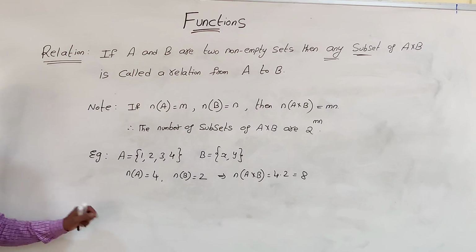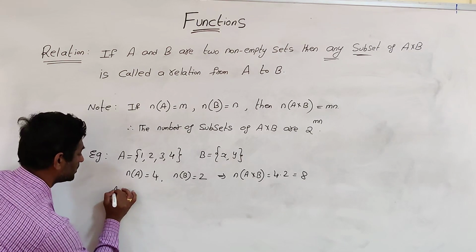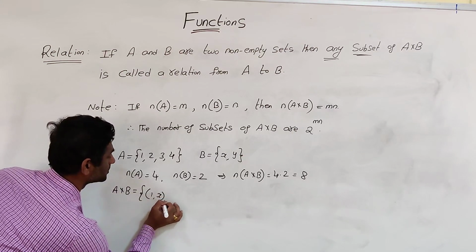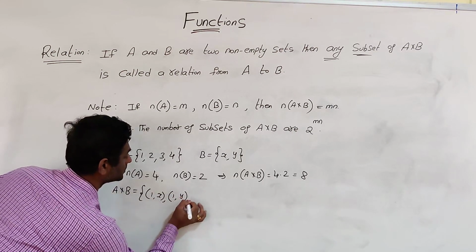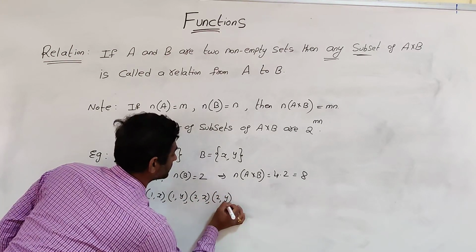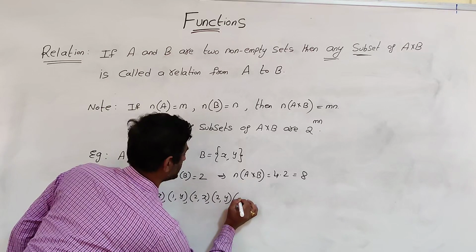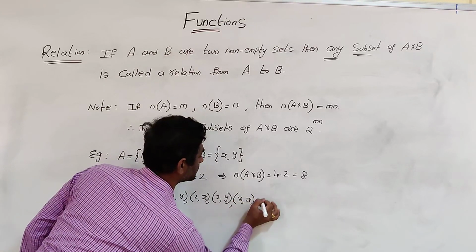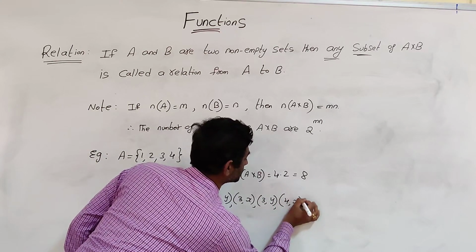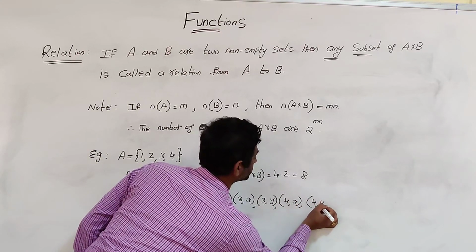What are those 8 elements? A cross B is (1, x), (1, y), (2, x), (2, y), (3, x), (3, y), (4, x) and (4, y).